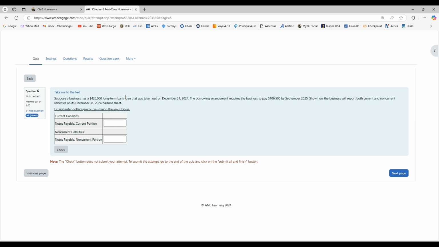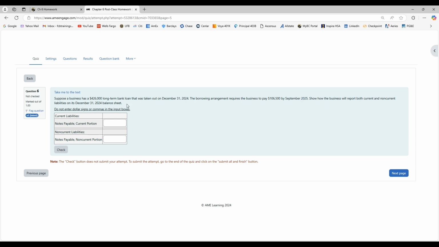Okay, so speaking of the non-current liabilities and the current portion, let's look at this problem here. Question 6 says, suppose a business has $426,000 of a bank loan taken out December 31st, 2024. The borrowing arrangement requires us to pay $106,500 by September 2025.